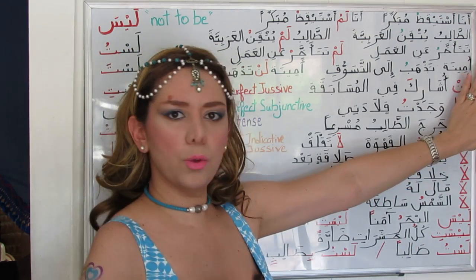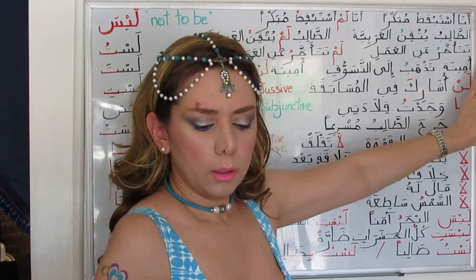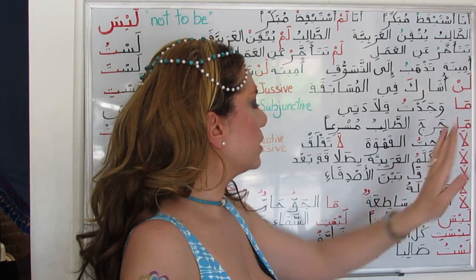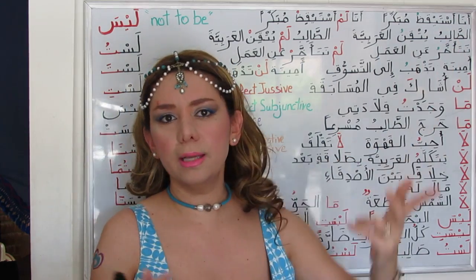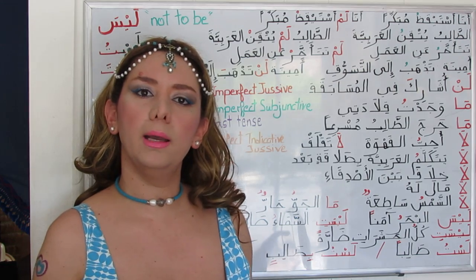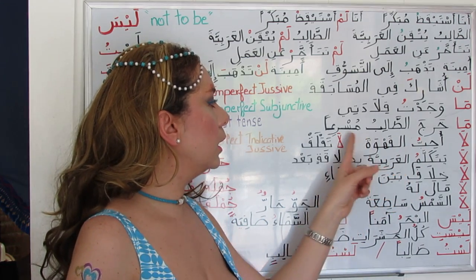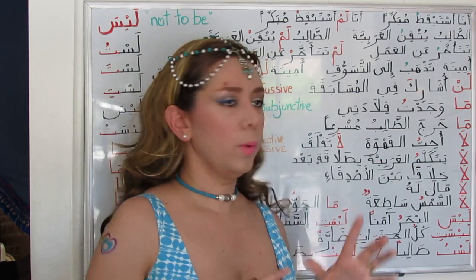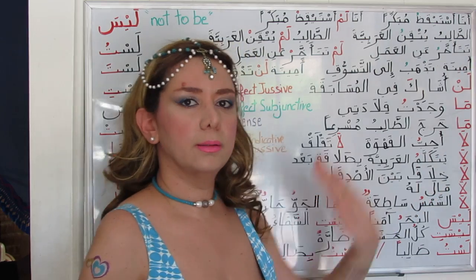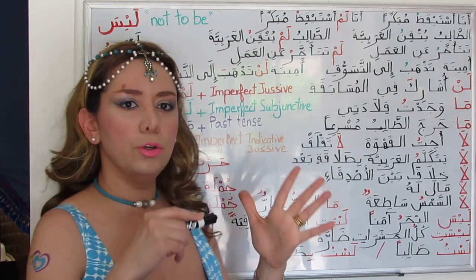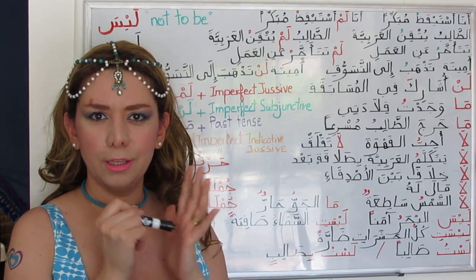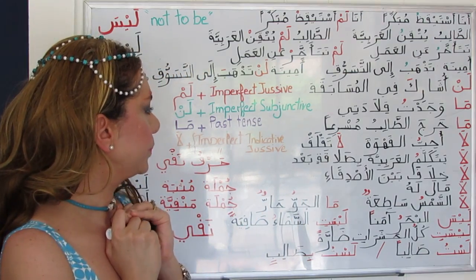So if you erase the ما النافية, ما of negation, you would just have a regular verbal sentence. وجدت قلادتي. I found my necklace. خرج الطالب مسرعا. The student went out in a hurry. And you just add ما. It's that easy, for the verbal sentences with the verb conjugated in the past tense.